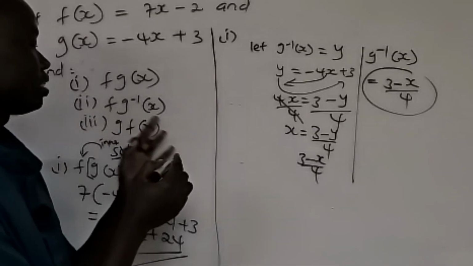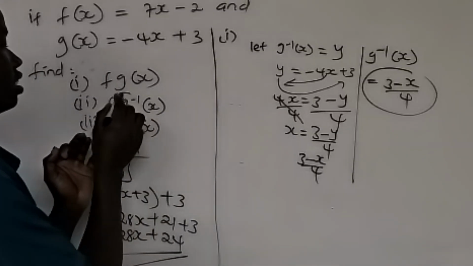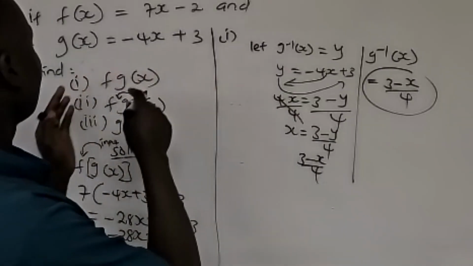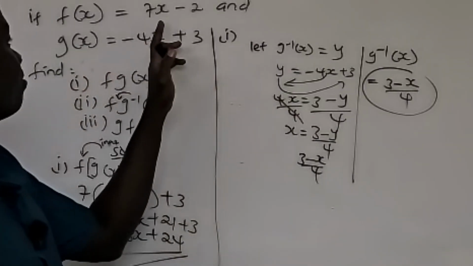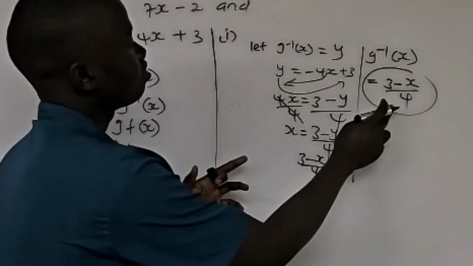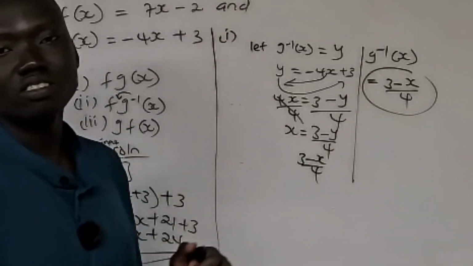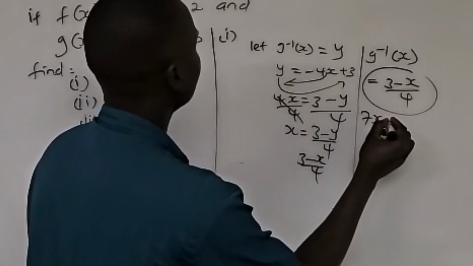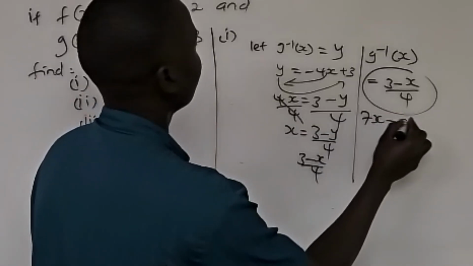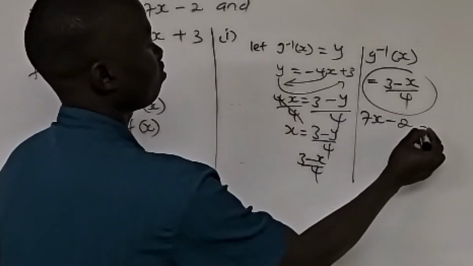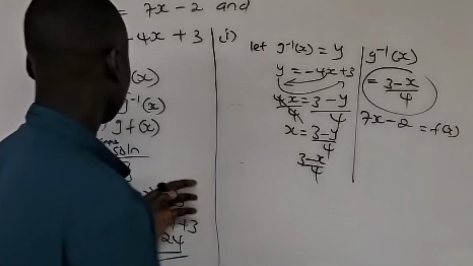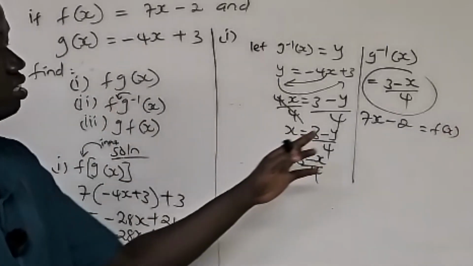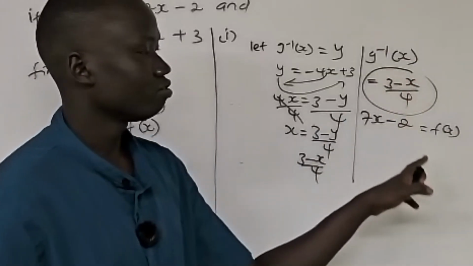This g inverse of x is going to be the input in the function f. Function f is 7x minus 2, so this is going to be the input in place of x. Remember, the rightmost one, g inverse of x, is the input here.